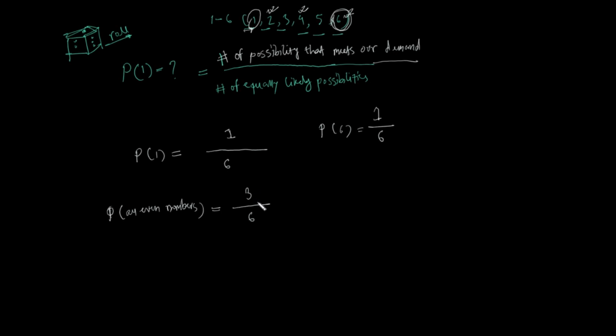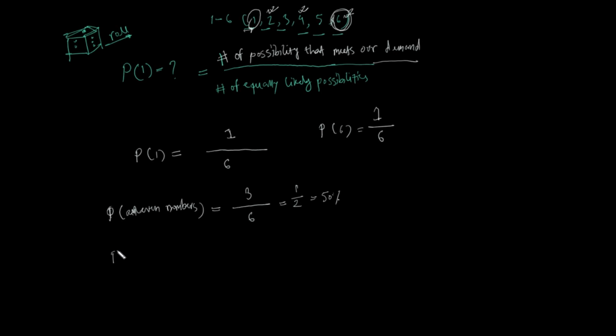So the probability of rolling an even number when you roll a dice is 3 over 6, which simplifies to 1 over 2, that is half or 50%.